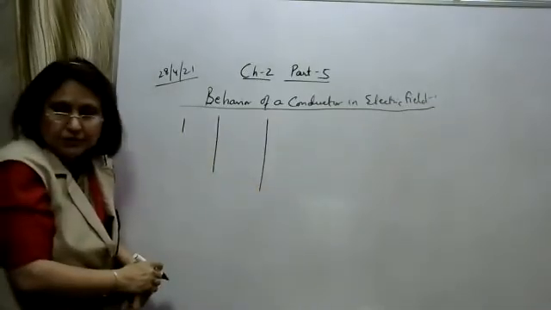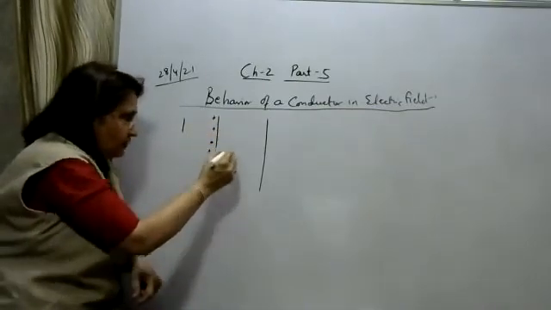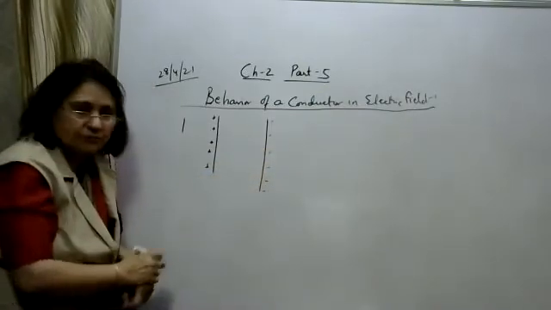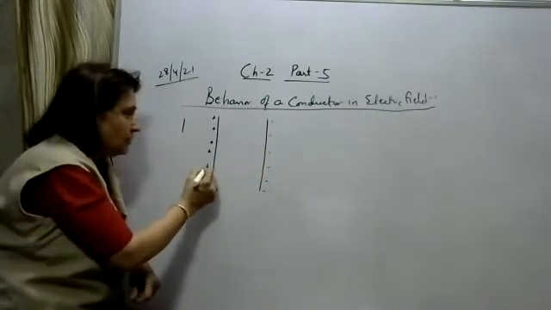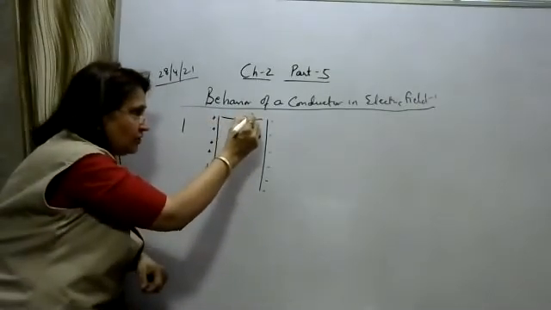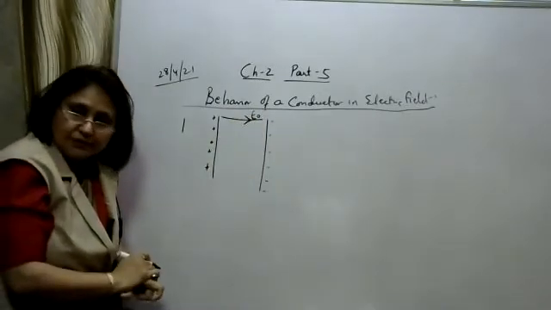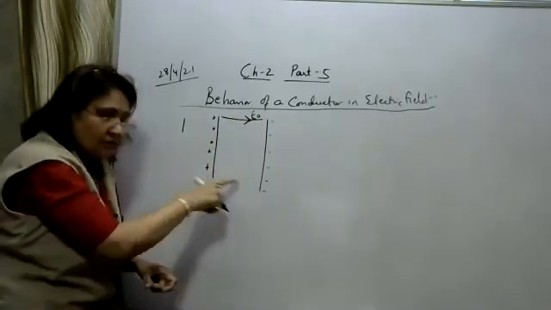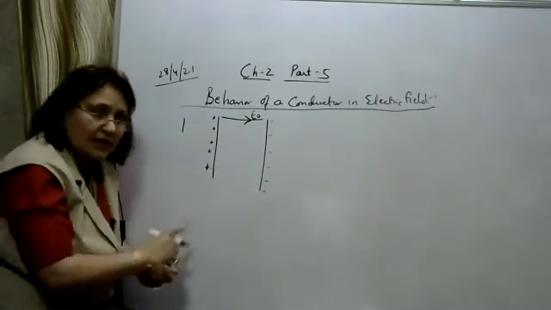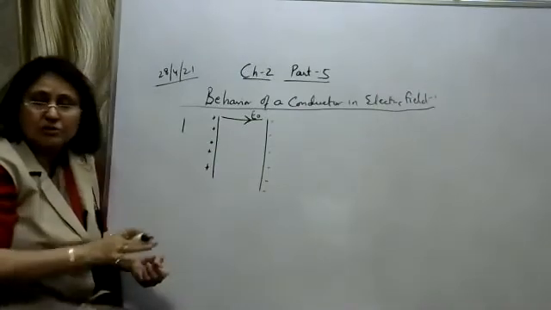We know that between a positive and a negative sheet, the electric field is uniform. Let this electric field be E naught. So between two parallel sheets, one having plus sigma surface charge density, the other having minus sigma, the electric field inside is constant.